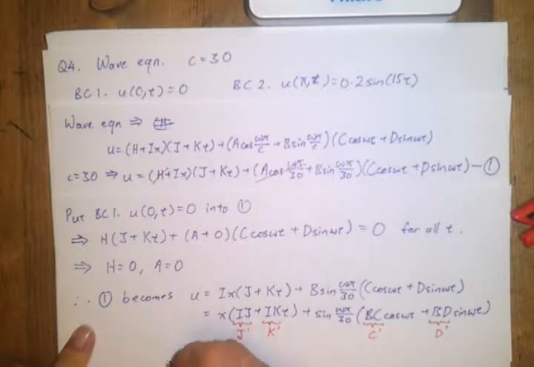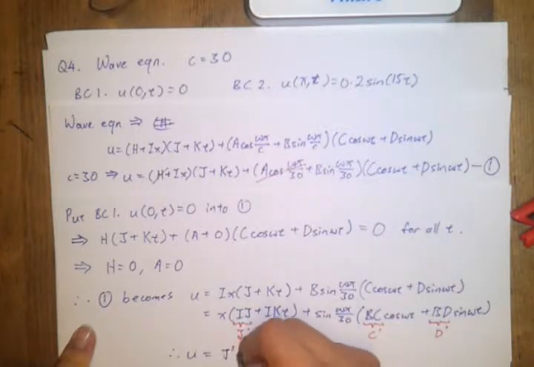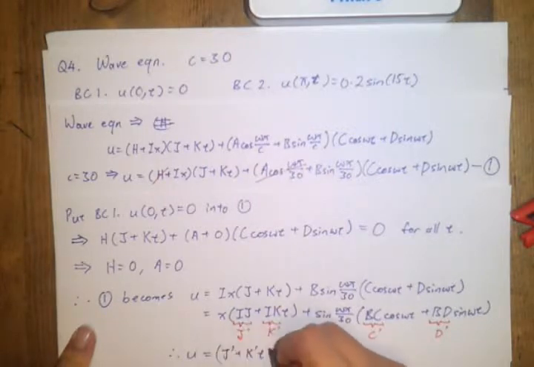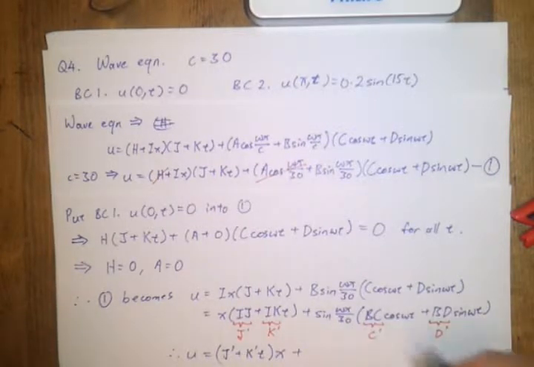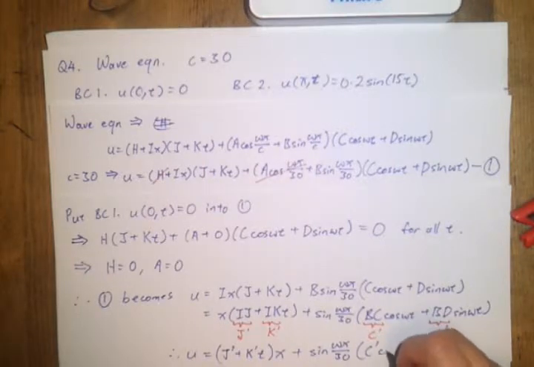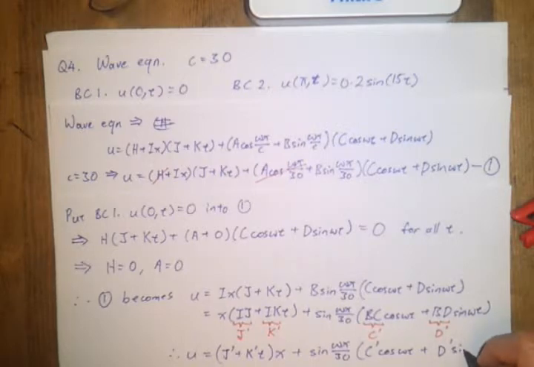So now my updated solution is j prime plus k prime t, times x, plus sine omega x divided by 30 times c prime cos omega t plus d prime sine omega t.